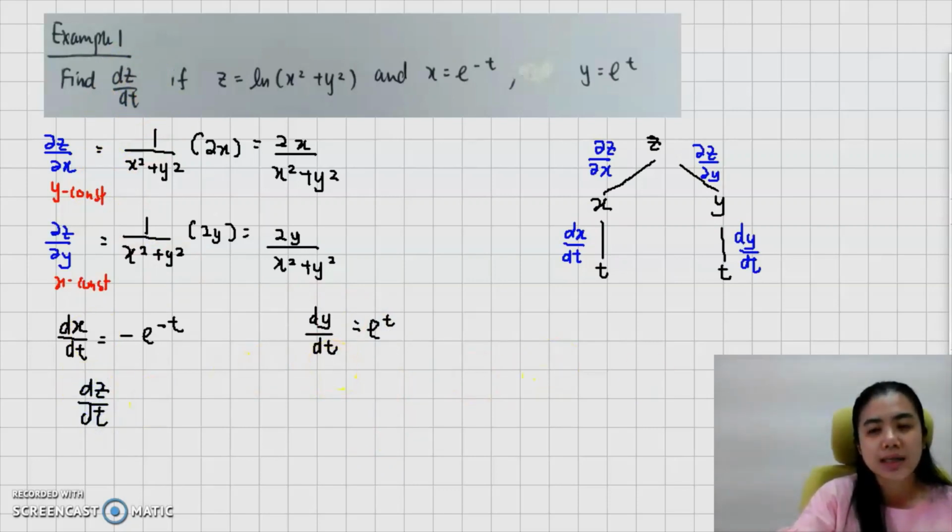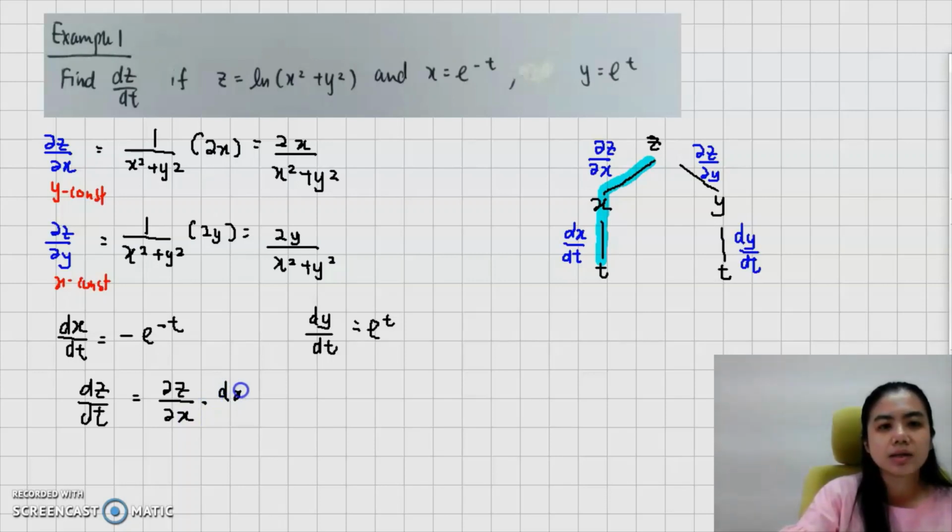According to what we learned in the video, you add all the branches that you see, but within each branch, you multiply the terms. The first one is del z del x multiplied with dx dt, plus another branch, which is del z del y multiplied with dy dt.